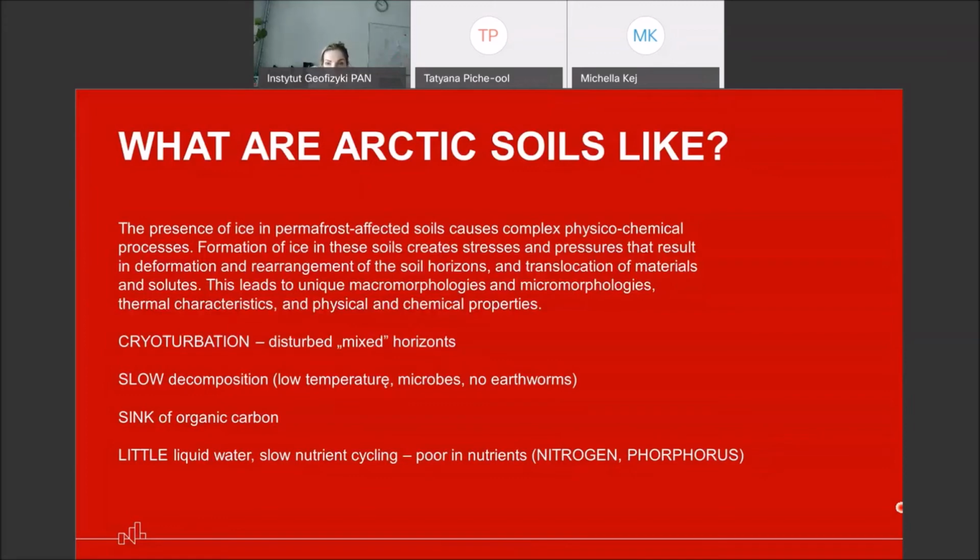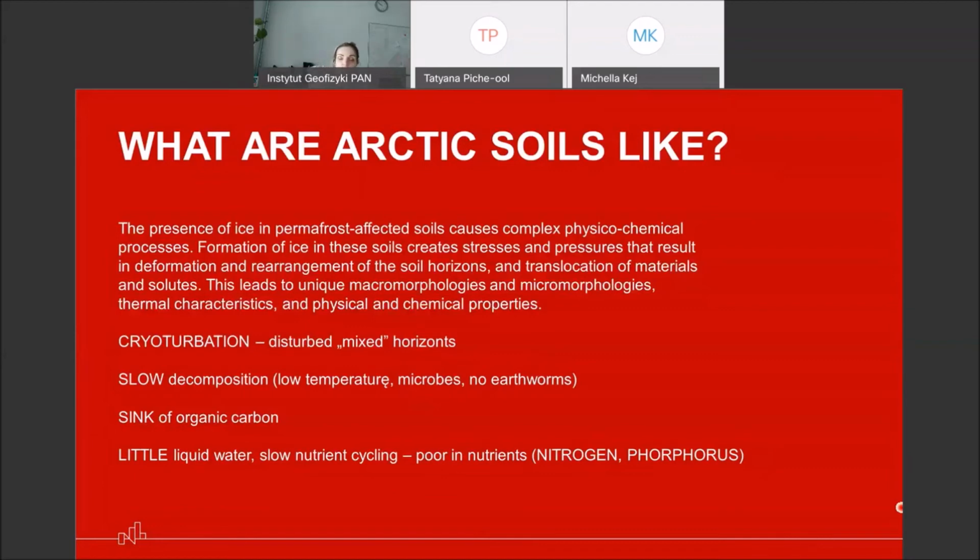And in some cases, also translocation of elements, such as some materials. So this leads to some properties that are very unique, both on macro and micro levels. Some very specific thermal characteristics, and physical and chemical properties.